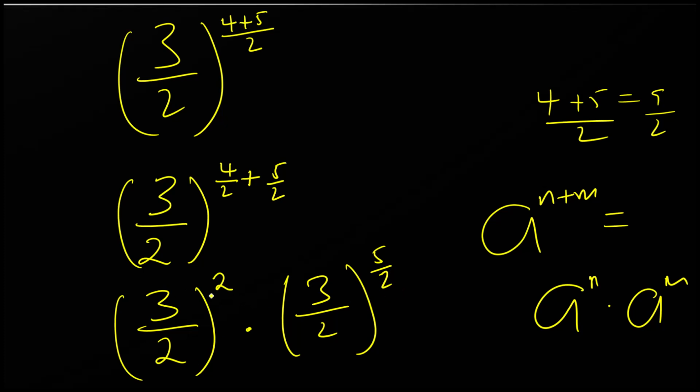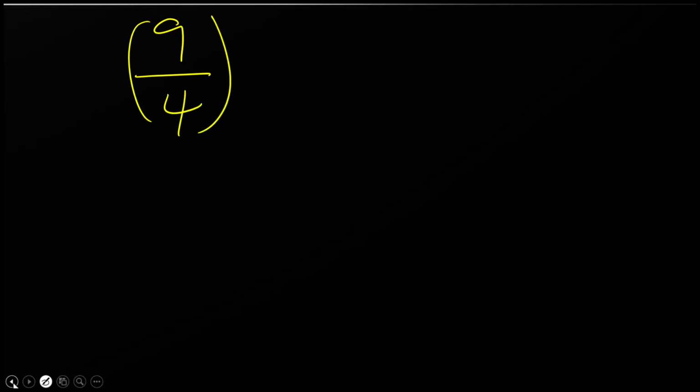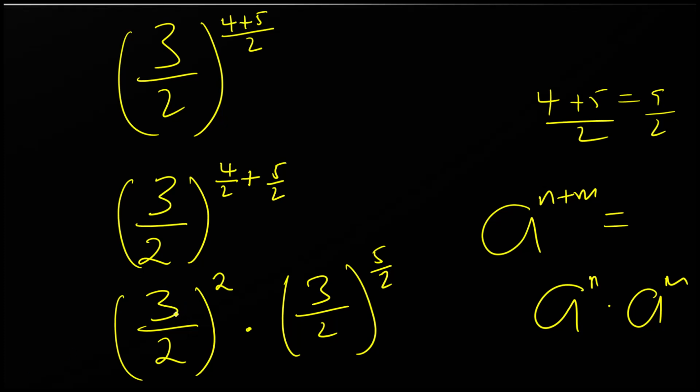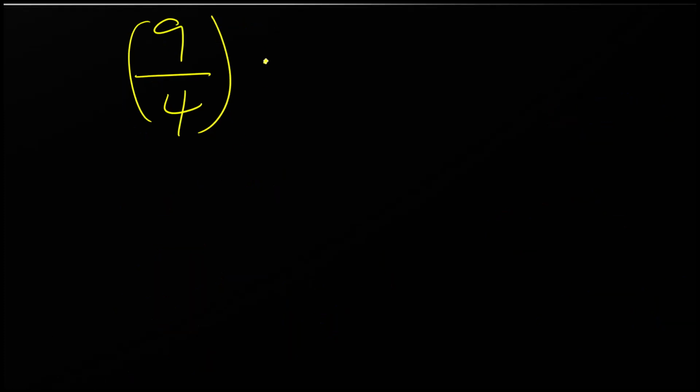Now, this one squared is 9/4, because you squared everything, this one squared, 9/4, times that, times (3/2) all raised to 5/2.